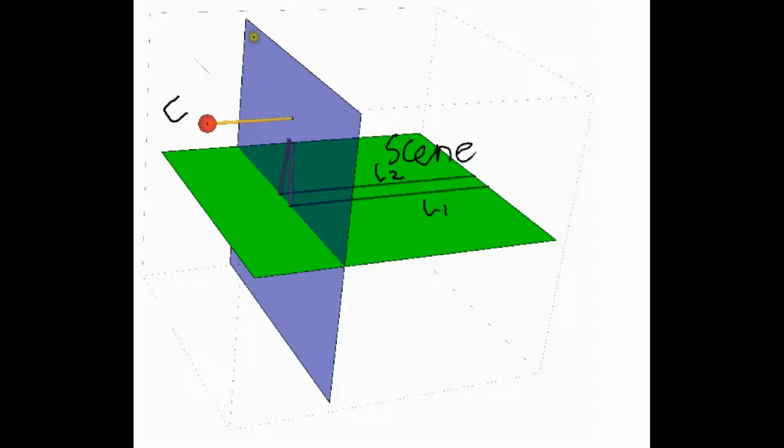Now, this blue plane here, in reality, is going to be a semi-transparent canvas, and the artist is going to be viewing the scene through the canvas, and then they're going to be making marks on the canvas where they see the objects through it. So we call this canvas the picture plane.